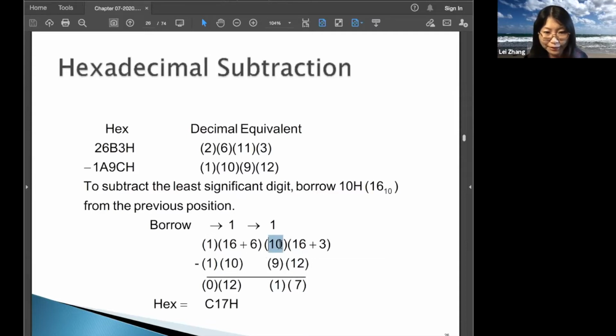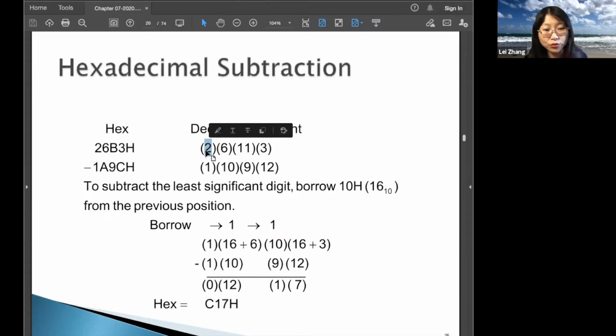For the next bit, 9. So 10 minus 9 gives us 1. So that's straightforward. And the next one is actually the previous 6. 6 minus 10 is not enough. So we have to borrow 1 bit from here.